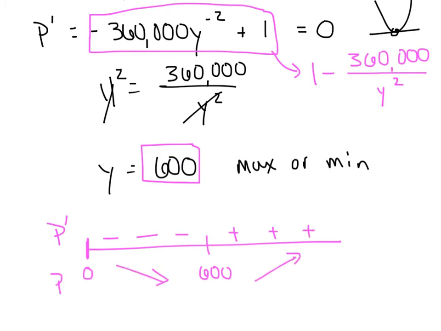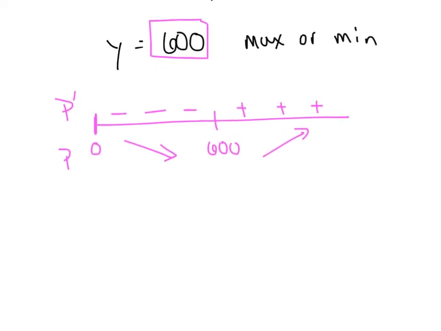So if we let y equal 600, that'll minimize the amount of perimeter or fencing we need. And of course, we could substitute the 600 back into the secondary equation, which I believe said 180,000 equals x times y, and then just divide by the 600, and you would have your x value as well.